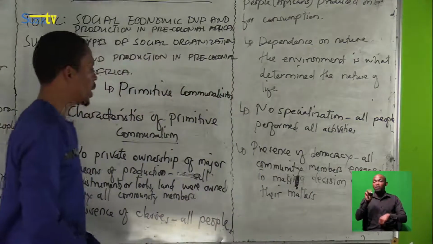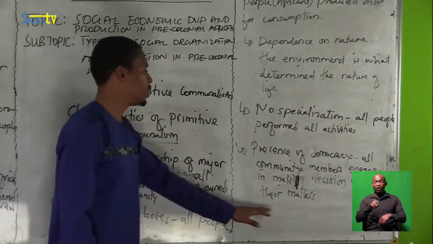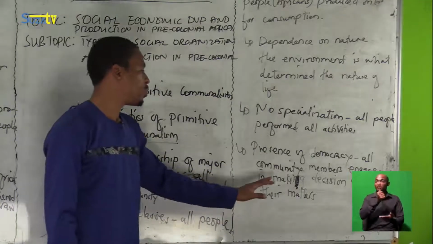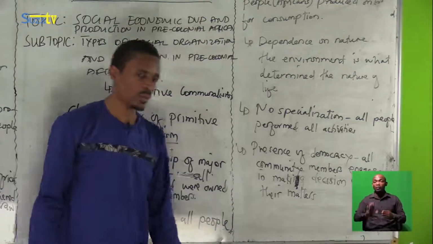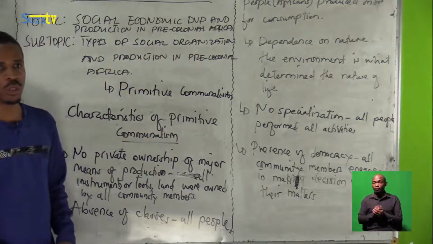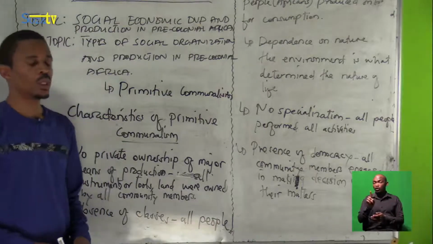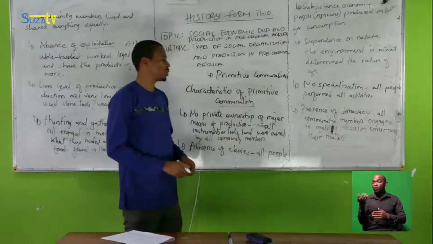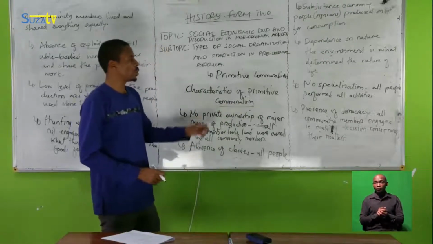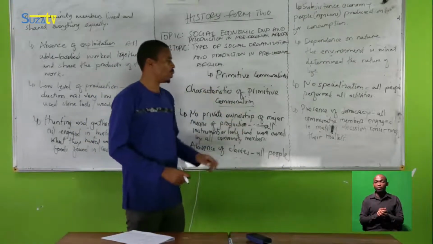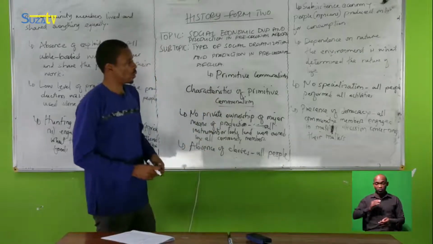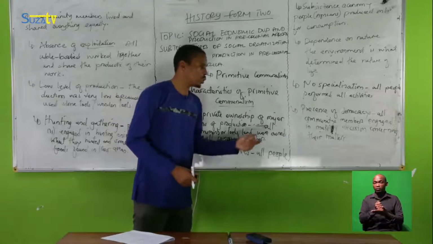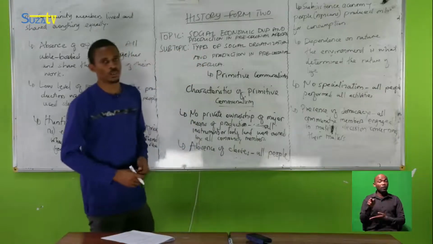During primitive communalism, all men and women participated in making decisions concerning their issues. There was no sexual segregation or discrimination. All men and women were involved in making decisions concerning their matters.